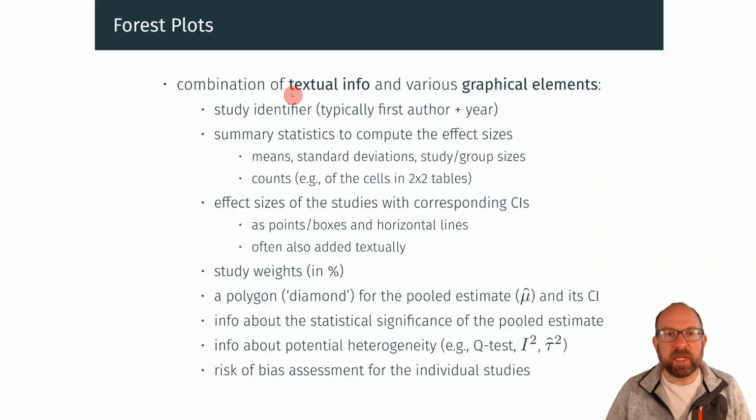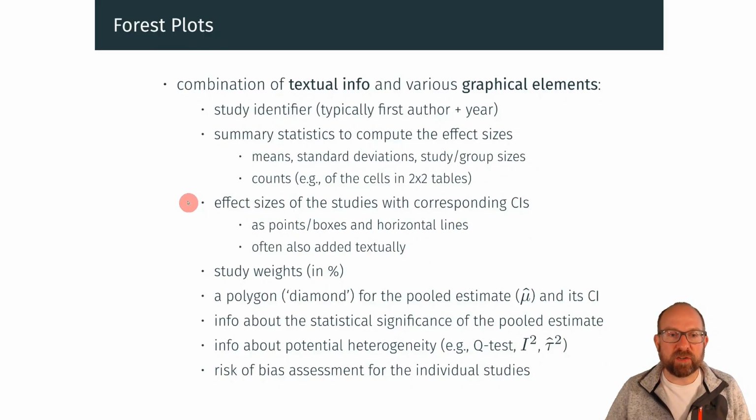They are a combination of textual information and various graphical elements. They start with a study identifier, typically the first author and the publication year of the study. Then there's often summary statistics given that were used to compute the effect sizes, like means, standard deviations, group sizes, or the counts of the cells in 2x2 tables to compute measures like odds ratios or risk ratios.